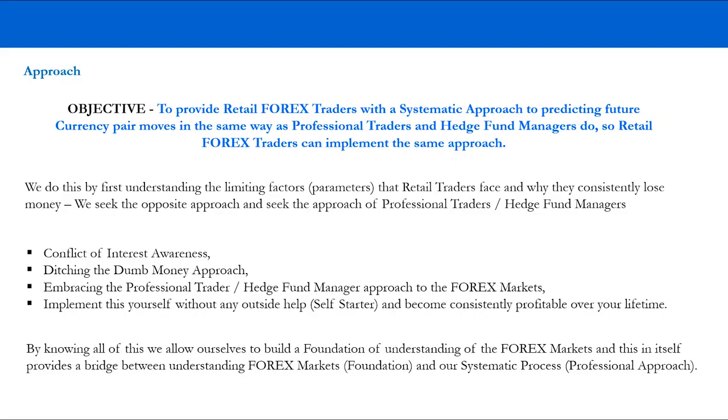If you remember, right at the beginning of the video series, we outlined our objective here. And the objective is to provide retail Forex traders with a systematic approach to predicting future currency pair moves in the same way as professional traders and hedge fund managers do, so retail Forex traders can implement the same approach.